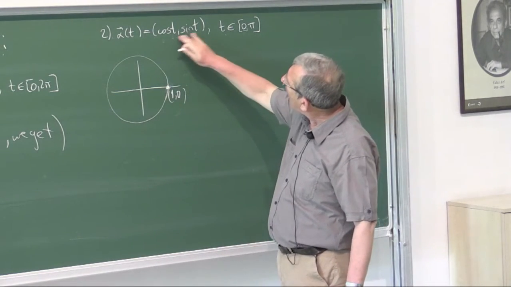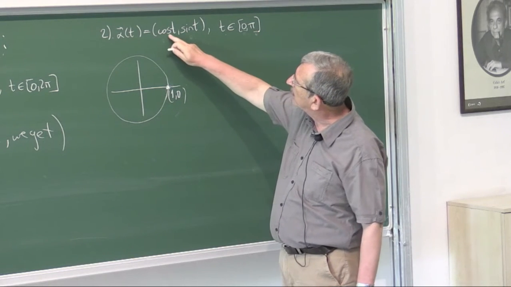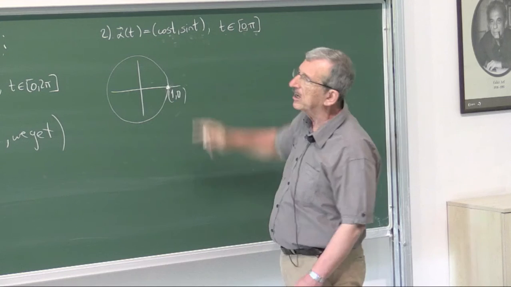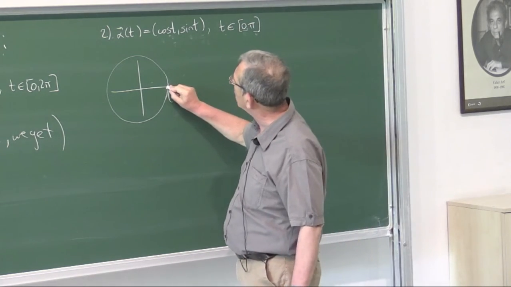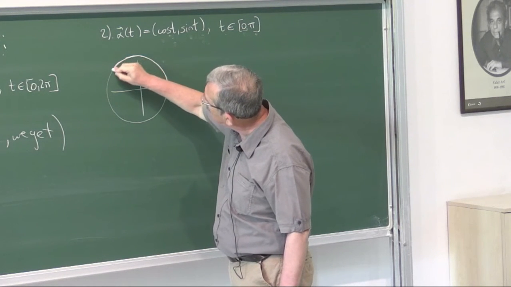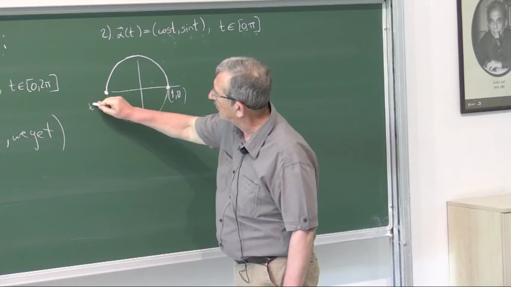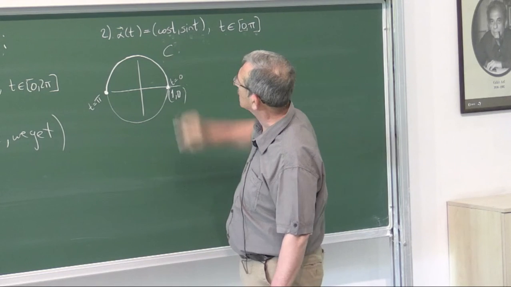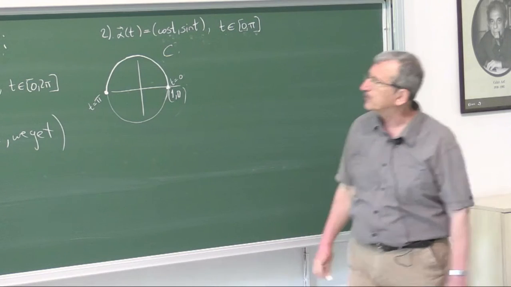And when the angle t increases from 0 towards pi, clearly cosine t decreases but positive, sine t increases and positive. So actually we are moving this way. But we stop when t is pi. So this is C. So it's the upper half circle.